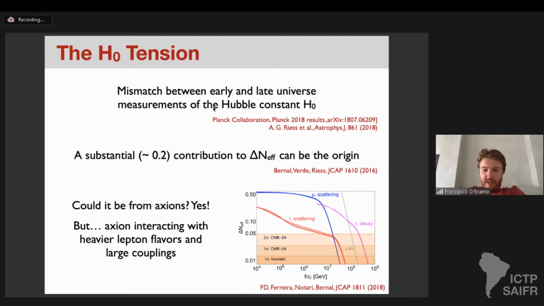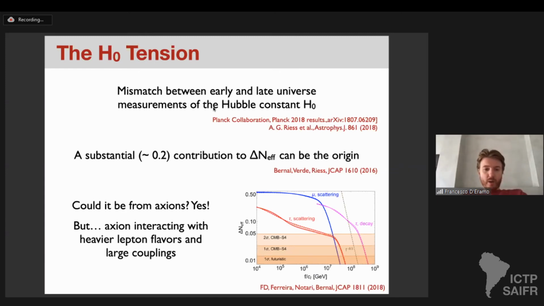And in this paper, we show that the contribution to delta N effective from these axions produced thermally from collisions of the thermal bath, in particular axions coupled to leptons, could alleviate the tension in the Hubble constant.